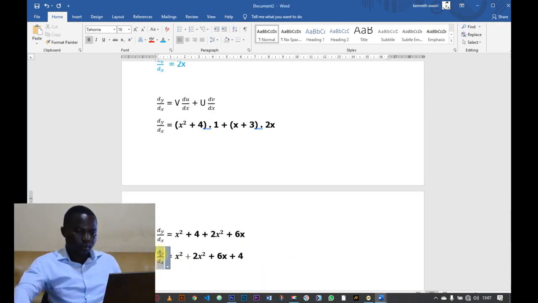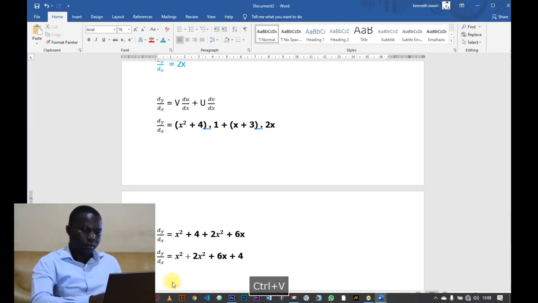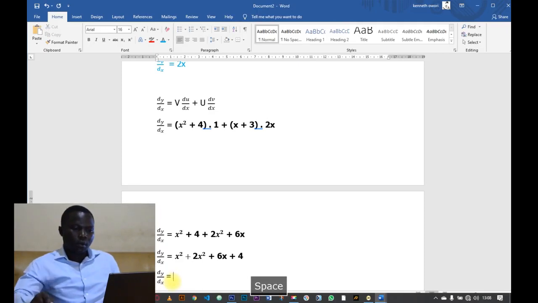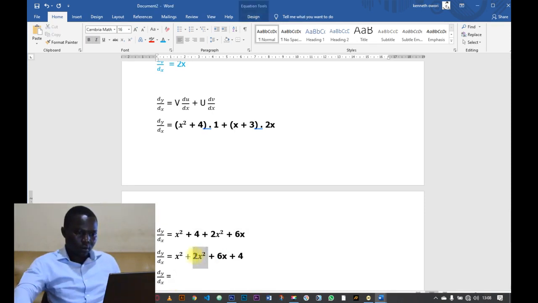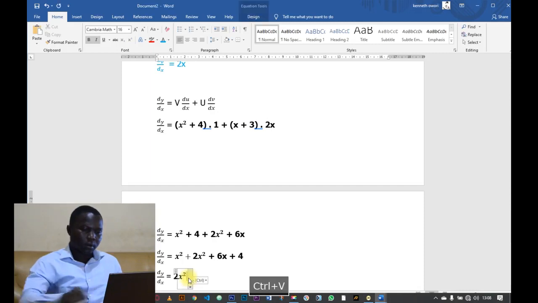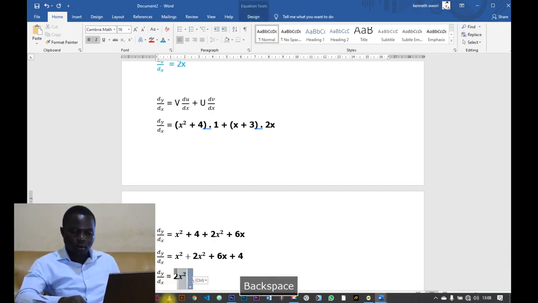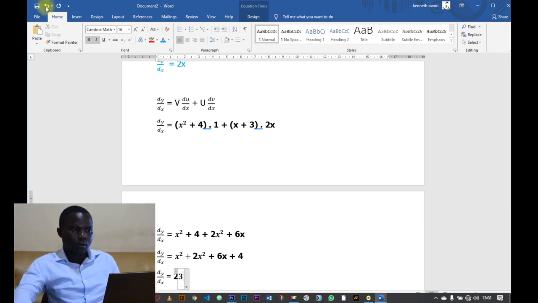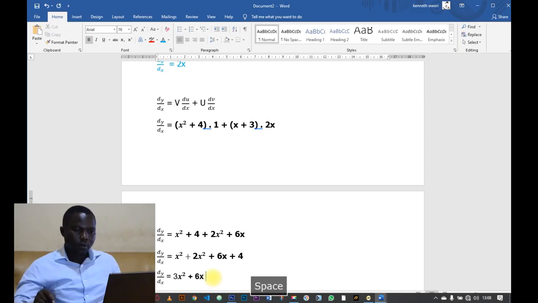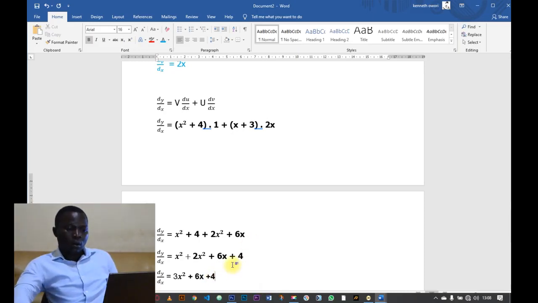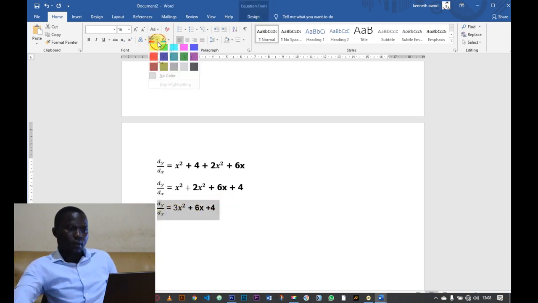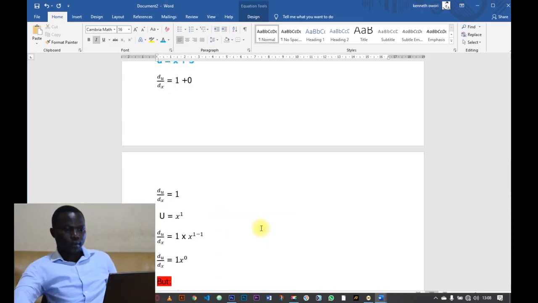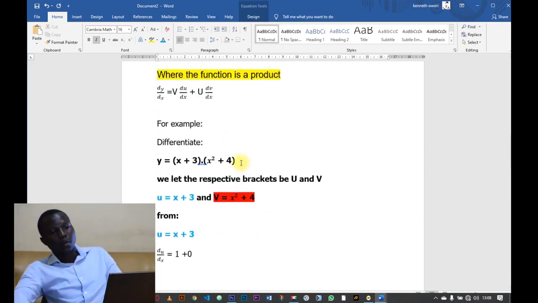dy dx would be x squared plus 2x squared, we get 3x squared plus 6x plus 4, and this would be the derivative of the expression given y equals x plus 3 into x squared plus 4.